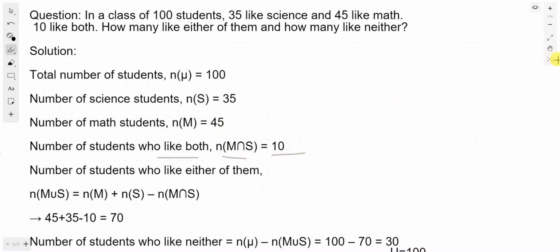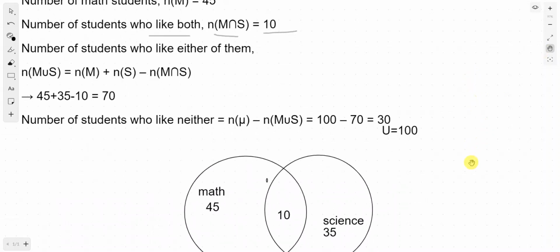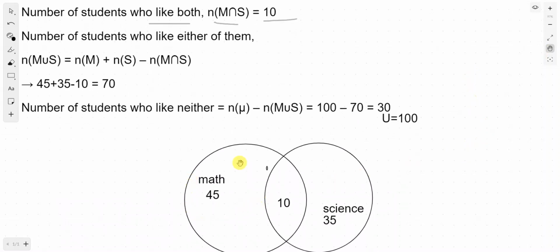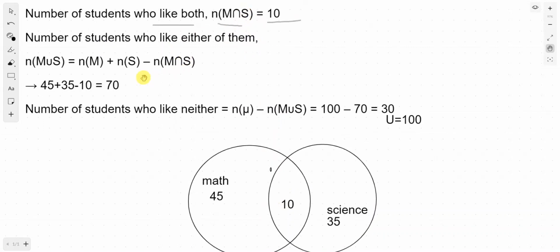This is the Venn diagram. So 45 students like math, 35 like science and 10 are the students who like both. So M intersection S will be 10. Now the number of students who like either of them means you have to calculate the union of M and S. So M union S will be, we will apply the formula which I have explained above, set M plus set S minus the intersection of set M and S. So 45 plus 35 minus 10 is equal to 70.